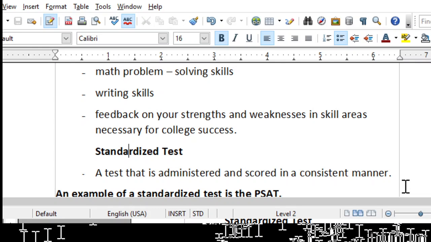All right, what is a standardized test? A lot of times, most of the time, teachers do not take the time out to explain to you why you are even taking the PSAT or the SAT. They just say, "Oh, you got to take this state test and do your best on it," and that's all they tell you.